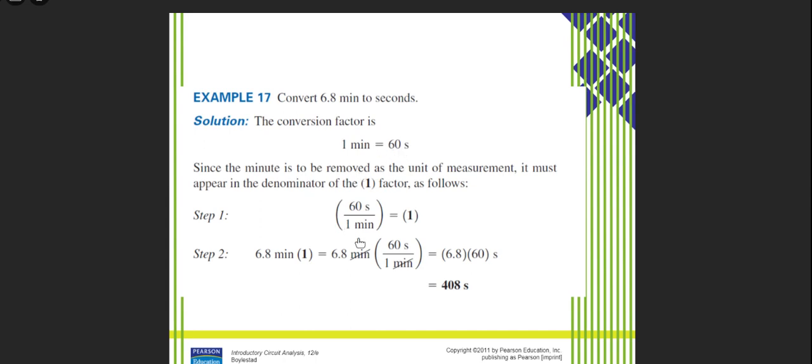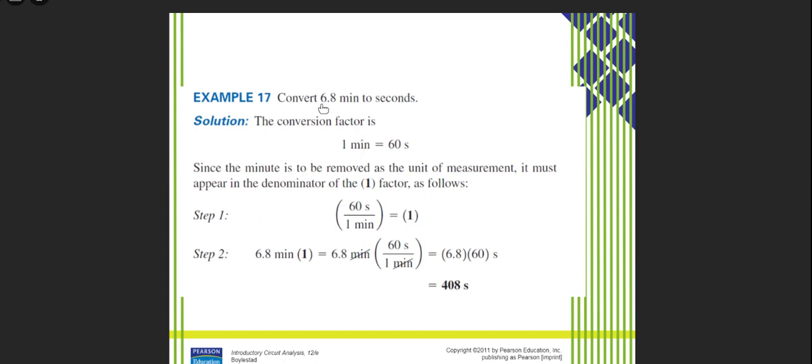Usually the method that we use for the conversion is similar to the stoichiometry method that you may be familiar with from physics or chemistry. So usually we write it in this format, as a relation, that 60 seconds equals 1 minute. And if you do the division in here, it will be equal to 1 because it's an equality.